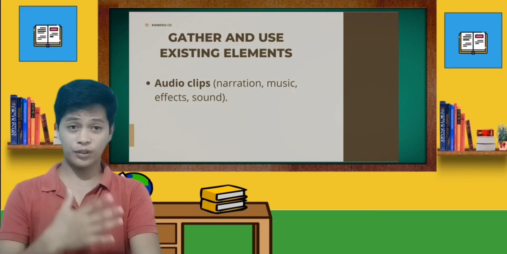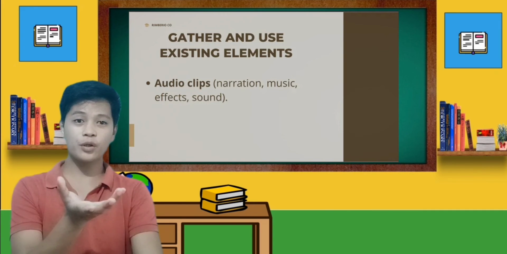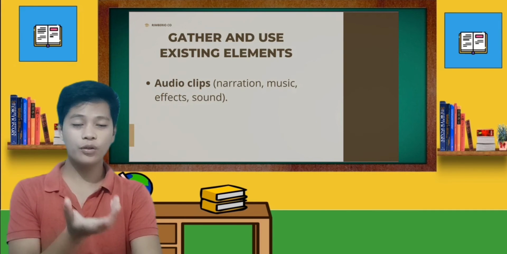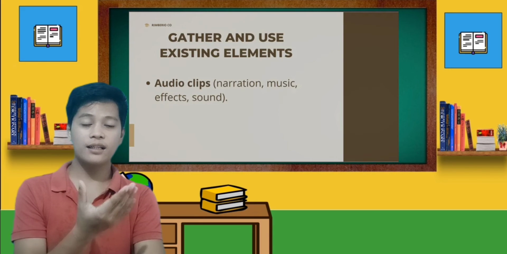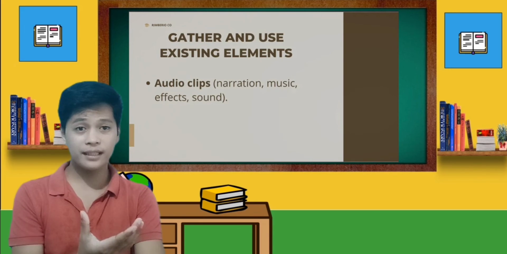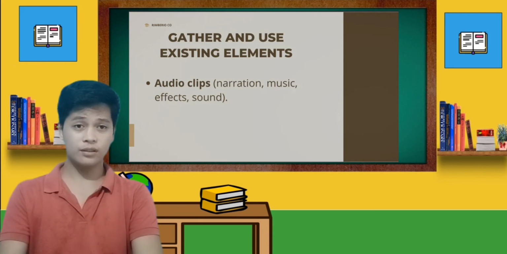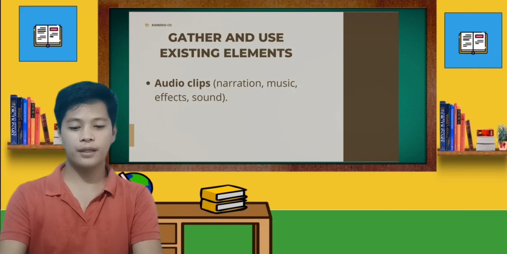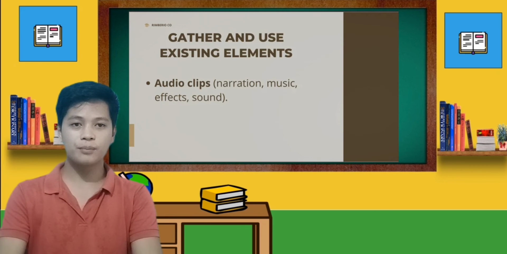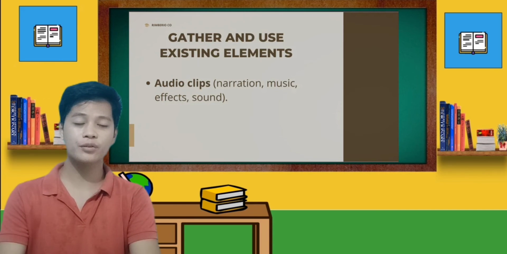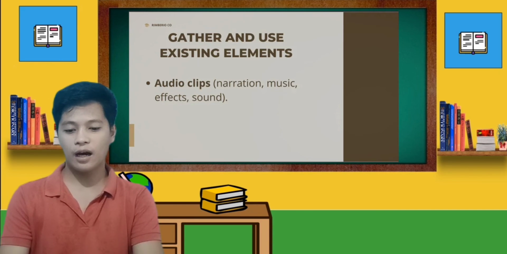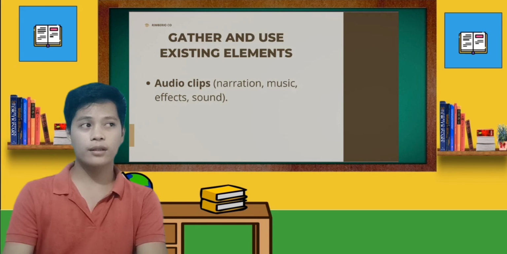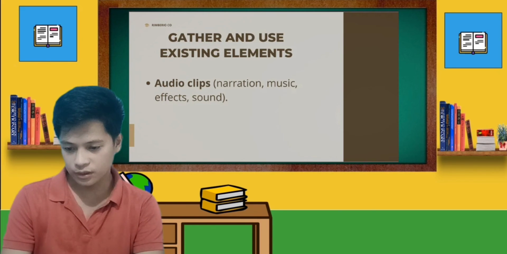The narration should be recorded in a quiet place, where there is no noise that will bother or interrupt the discussion. Also, the effects and sounds should be appropriate, not too many sound effects, just according to what is needed in the context of the kind of audio you are going to produce.